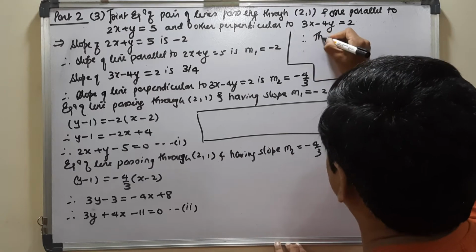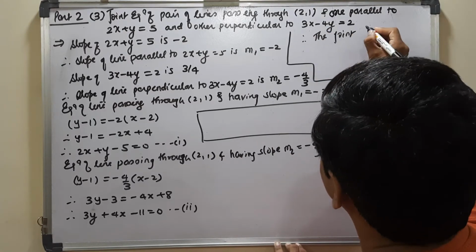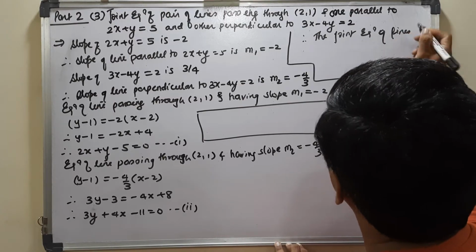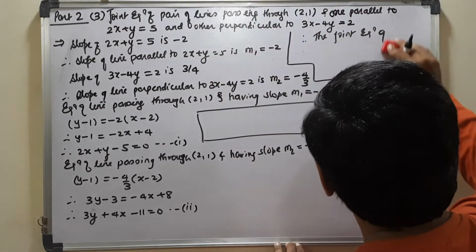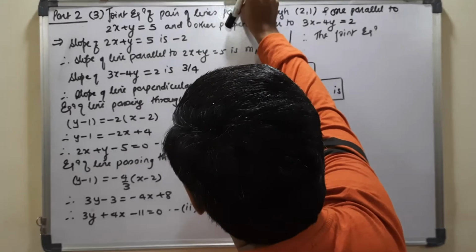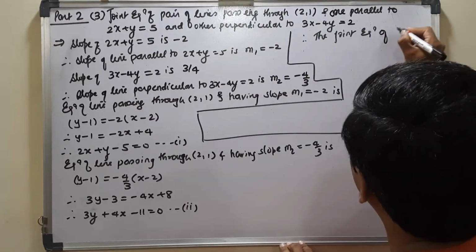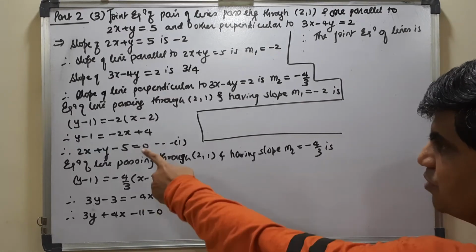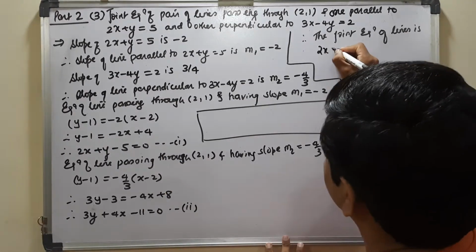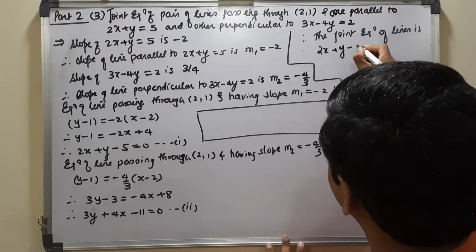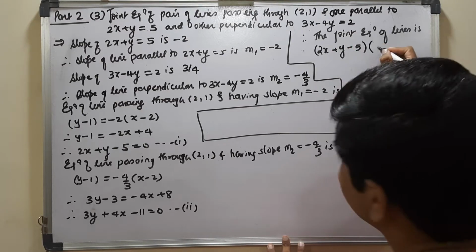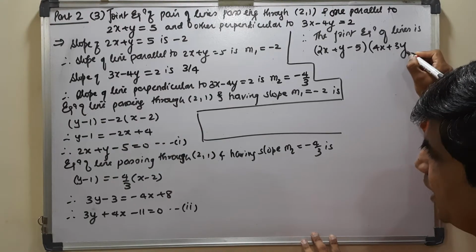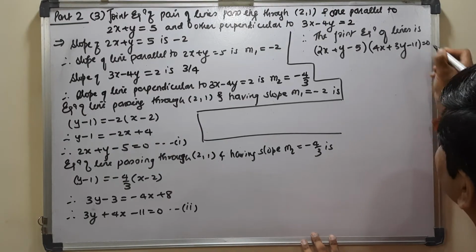Therefore the joint equation of the lines is, the first one, 2x plus y minus 5, into 4x plus 3y minus 11, equal to 0.